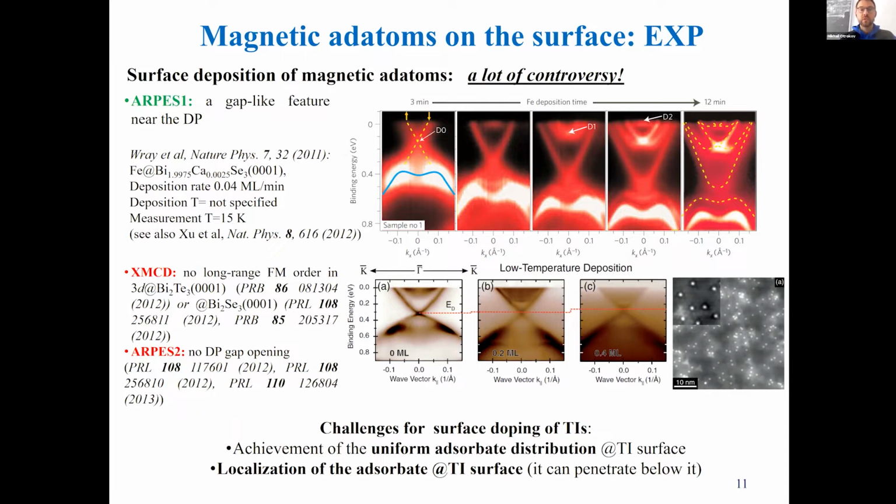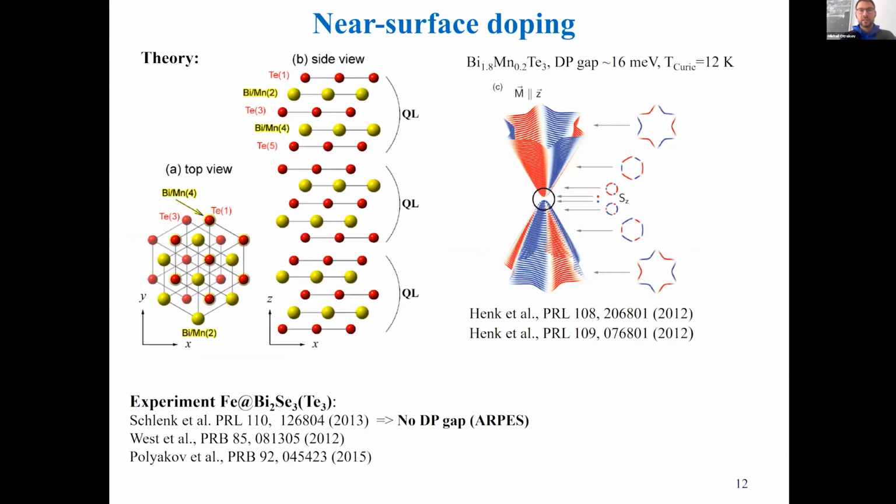You should achieve uniform adatom distribution, and you also have to take care to localize the adatoms at the surface, because otherwise they can penetrate below it. Or you can use this latter as an advantage and organize this near-surface alloying, near-surface doping. This has not been considered in the experiment with manganese, for example, only in theory.